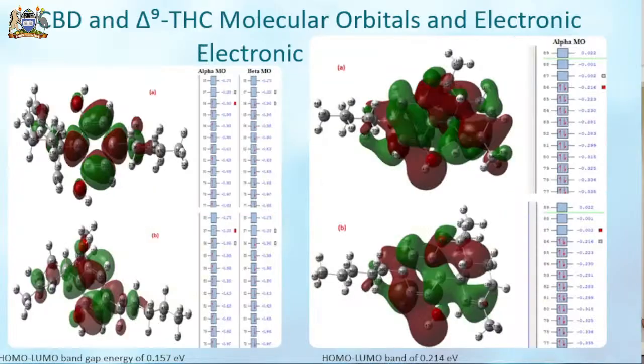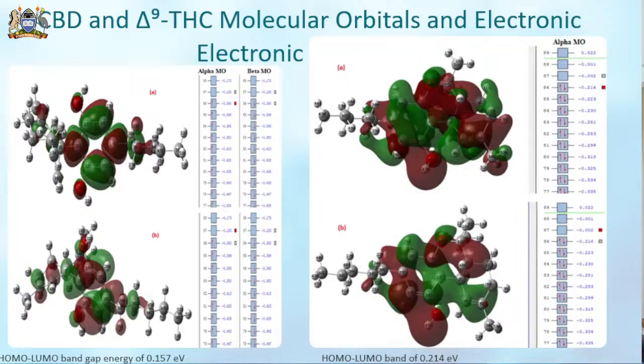Next slide, please. So on the other diagram here, we have the molecular orbitals for these compounds and their energies. The first one there shows the highest occupied molecular orbital for CBD at an energy of 0.340 electron volts. On the other side, we have the highest occupied molecular orbital for THC at 0.218.